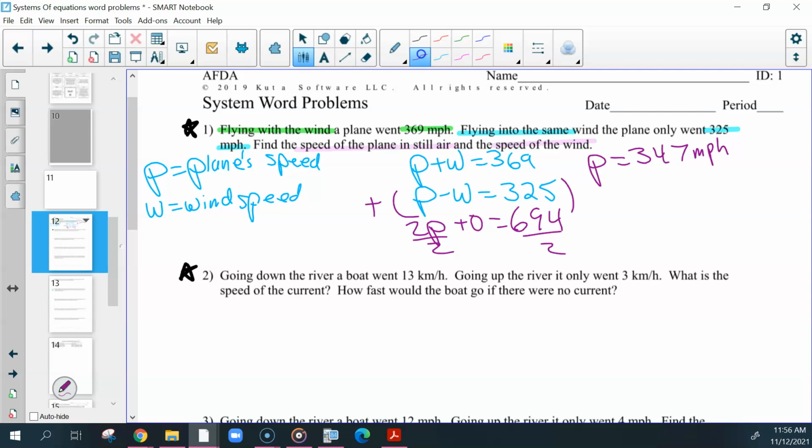Then we can go back and find our wind speed. Put this into either equation. I'm going to put it into the first.